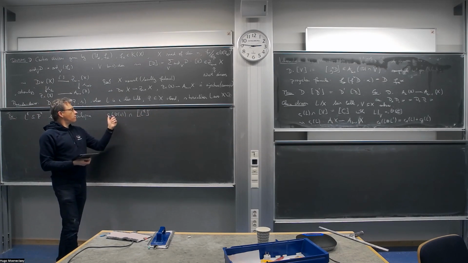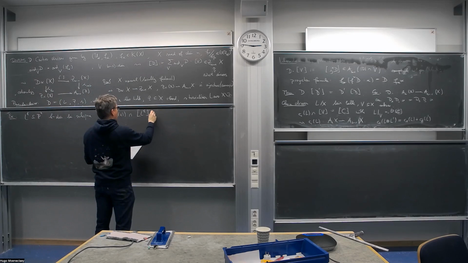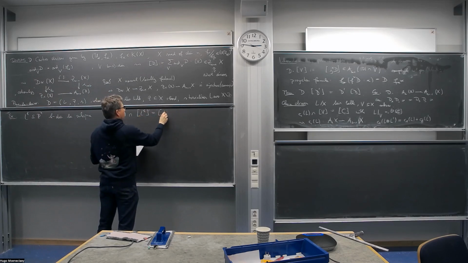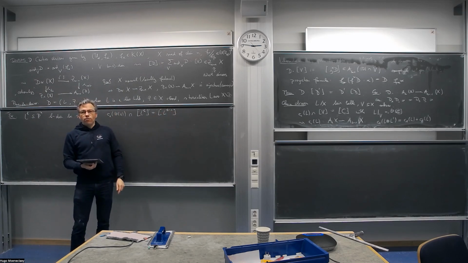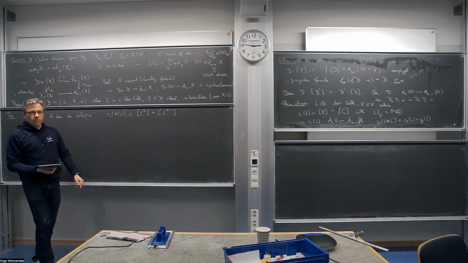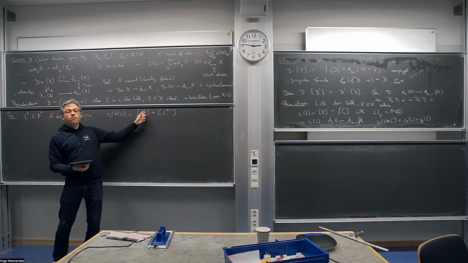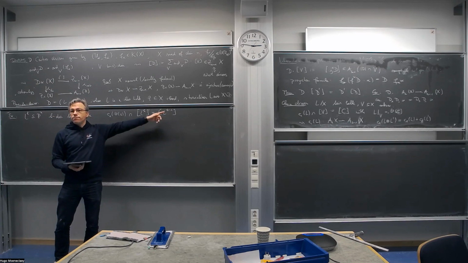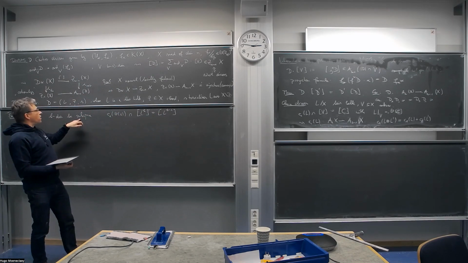Well, this just means restricting this line bundle to L_k, and this gives again O(1) on L_k, and this class is just L_{k-1}. Yeah, because the section of O(1) over L_k vanishes along an L_{k-1}, a (k-1)-dimensional linear subspace.